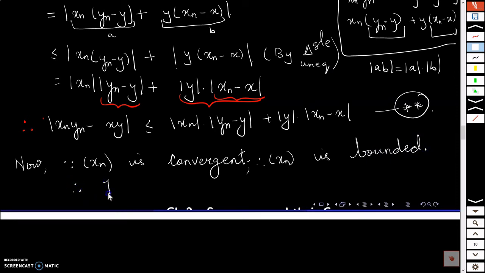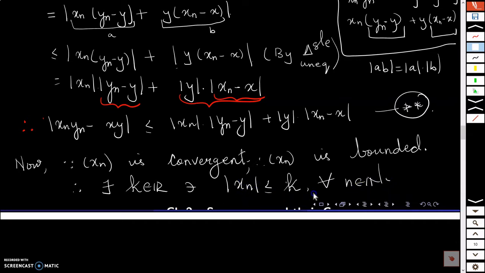This means there exists a real number k such that the absolute value of all the terms of the sequence are less than or equal to this k for all natural numbers n, right? This is by definition of bounded sequences. It's already done in the previous lectures. Okay, so if you don't remember, please go back and check that out.